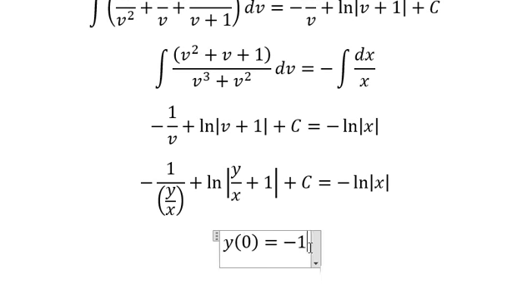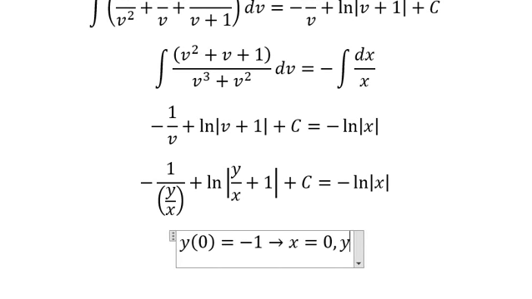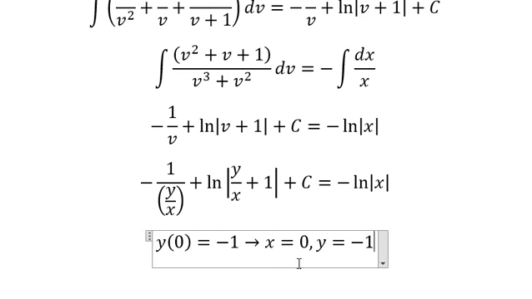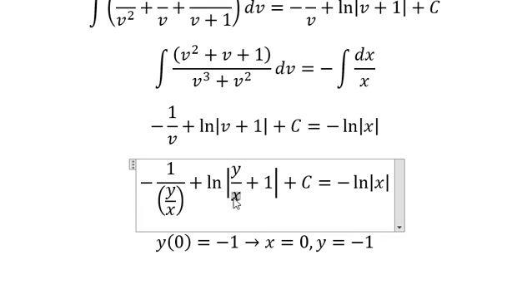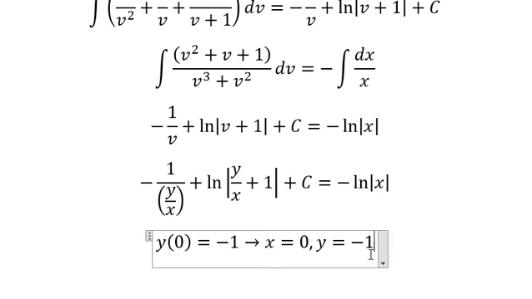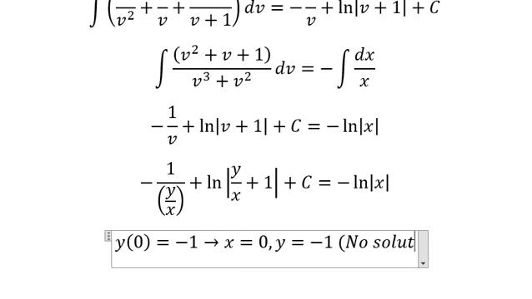That means when s equal to number 0, y equals to negative number 1. If we look carefully about this one, we cannot put s equal to number 0 in here. Similar for this one. So that means there is no solution.